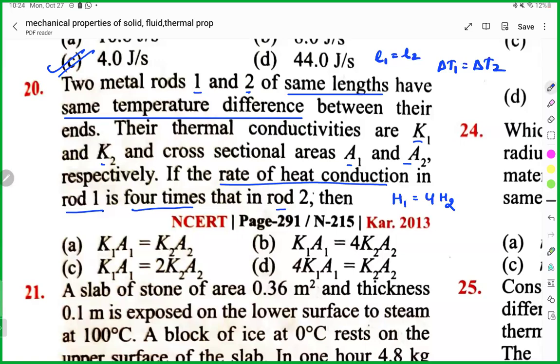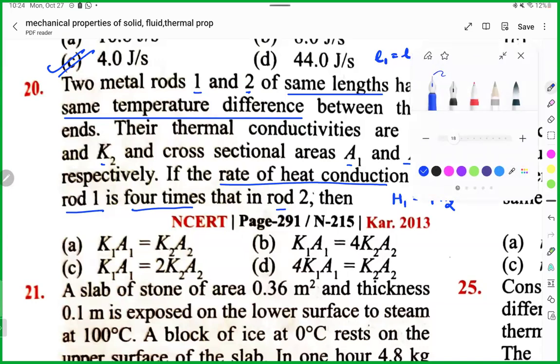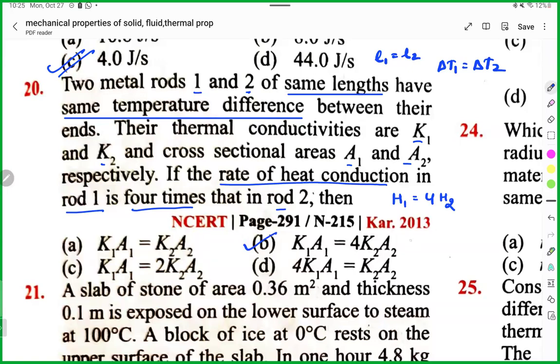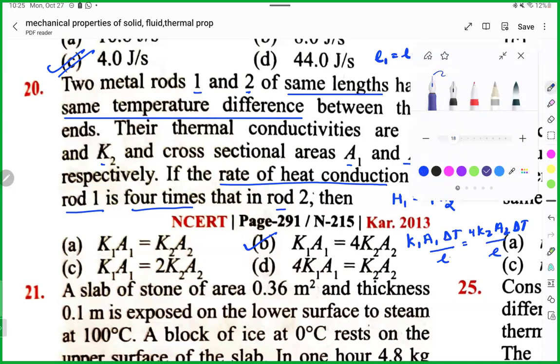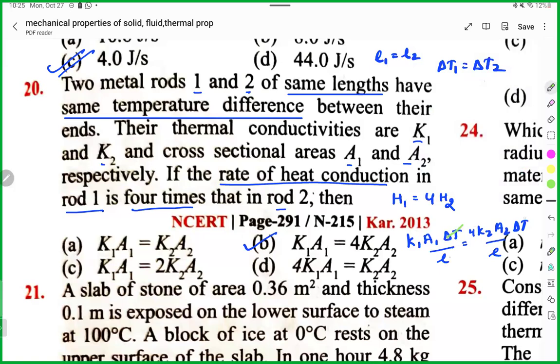So is it B? Yes, it will be B. How? H1 value will be K1 A1 delta T by L. Second, 4 times, K2 A2 delta T by L. Because both temperatures are the same, delta T cancels, length cancels.